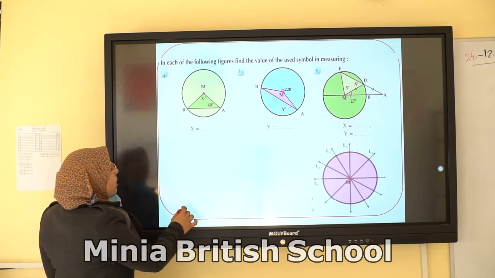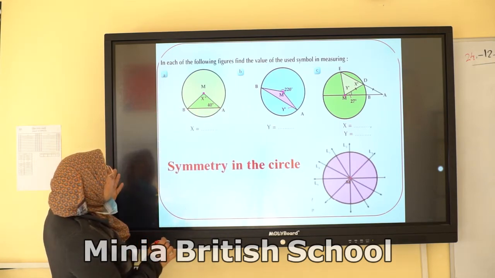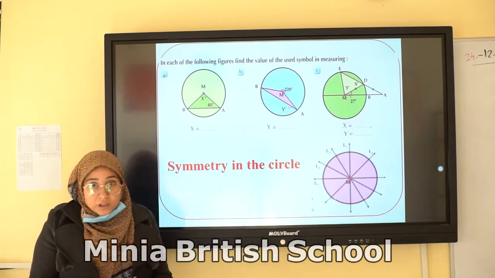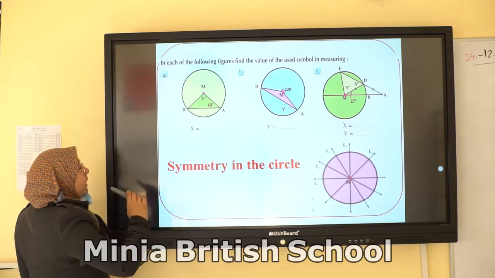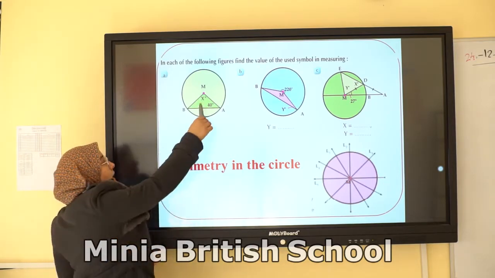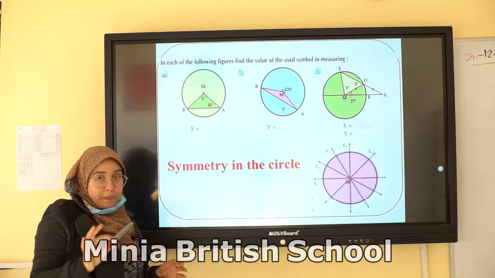Here, in each of the following figures, find the value of the unknown measure. In number A, I need to find the measure of angle X, AMB.